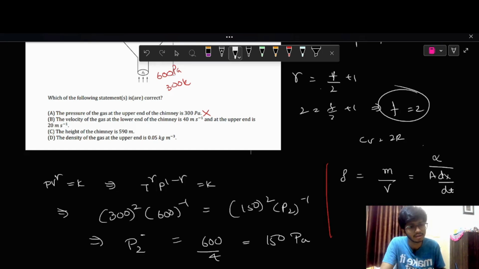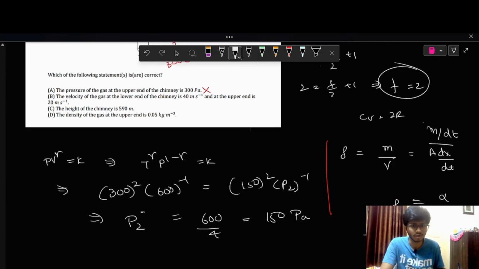Writing volume as A dx and differentiating both sides, you get alpha equals rho A v1. From here you get v1 as 0.8 by 0.1 times 0.2, which comes out to be 40 meters per second. The first part is correct.